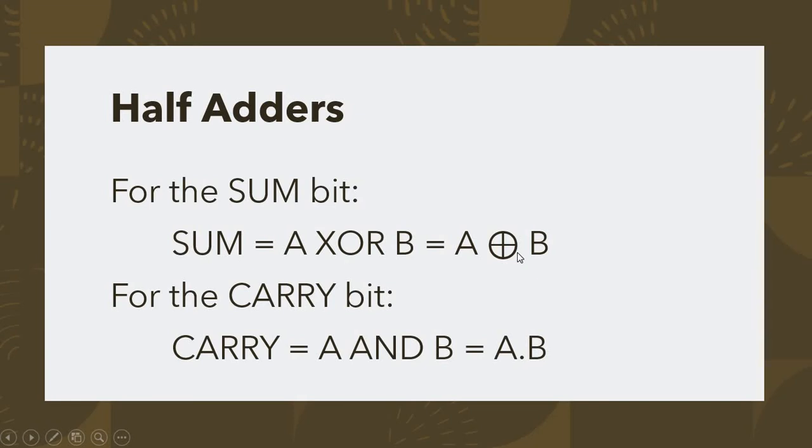In the Boolean expression, the dot is AND, and if you use the plus, that means OR. But in the Boolean expression, the symbol for XOR gate is a circle with a plus in the middle.